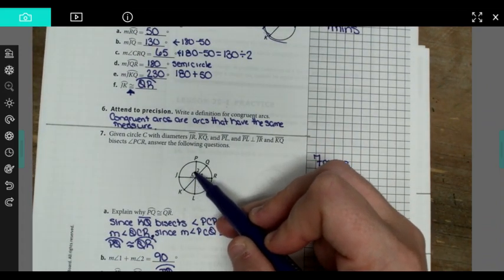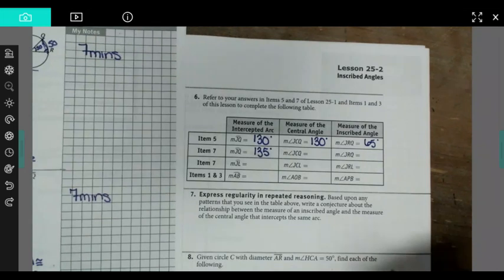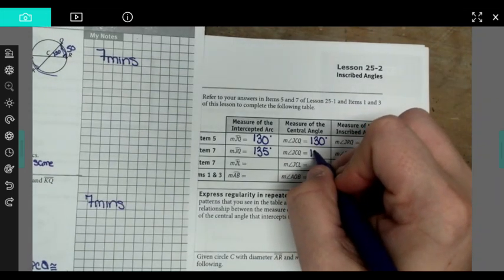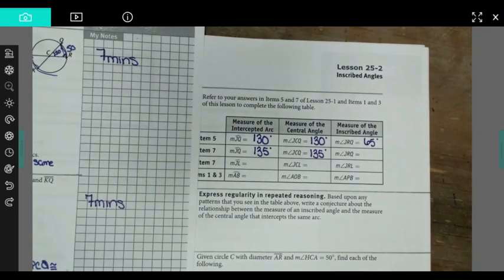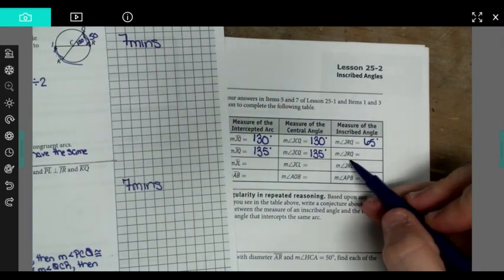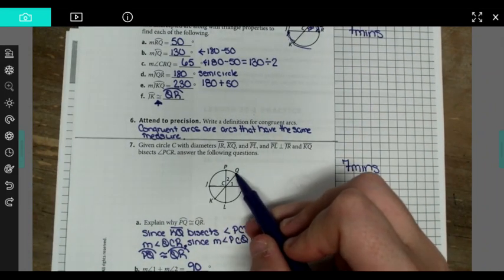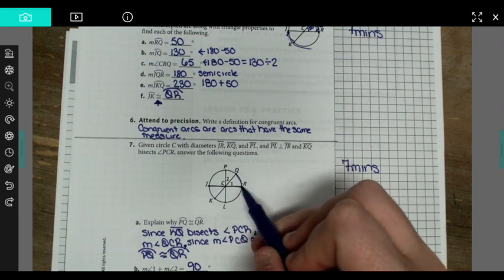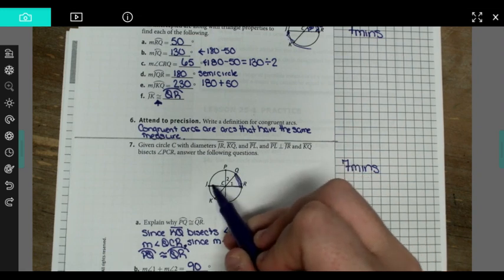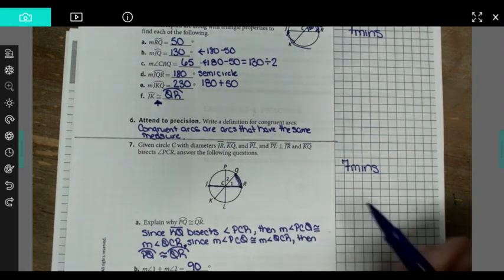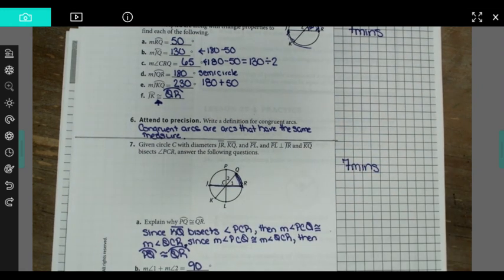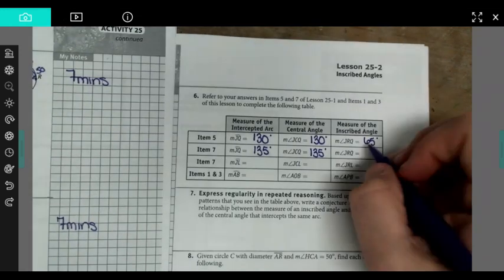JCQ is 90 degrees plus 45, which is 135 as well. And JRQ, this angle, is 67.5.